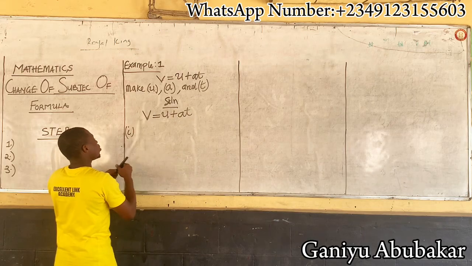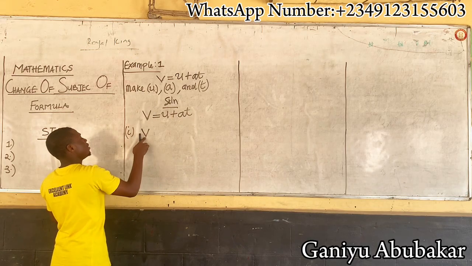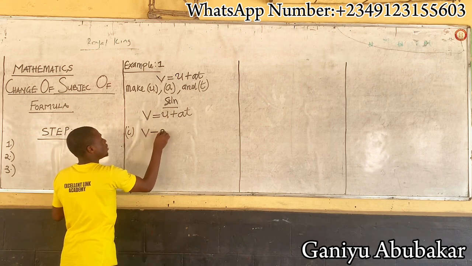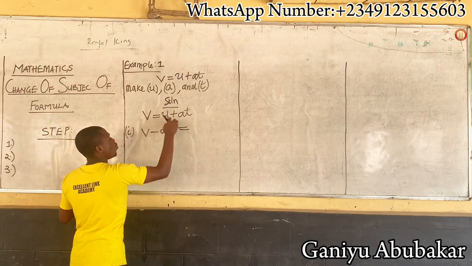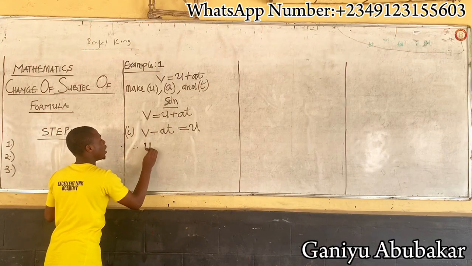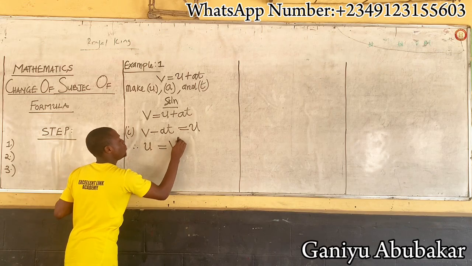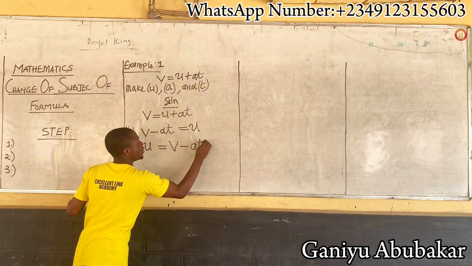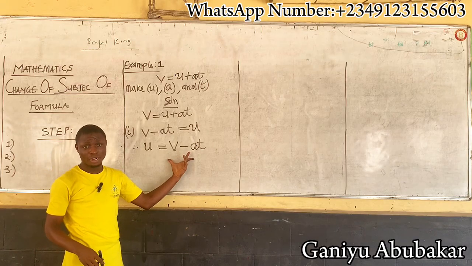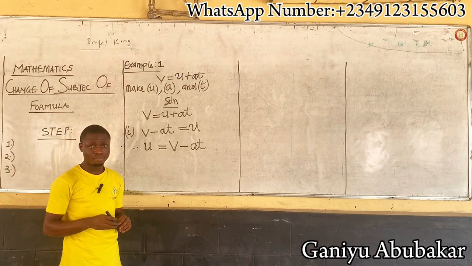So I'll have v, which remains the same, minus at, equal to u. Therefore, u is equal to v minus at. I have made u the subject of the formula as easy as this.